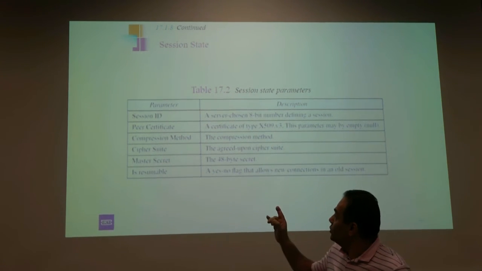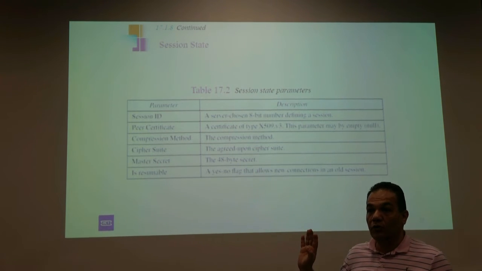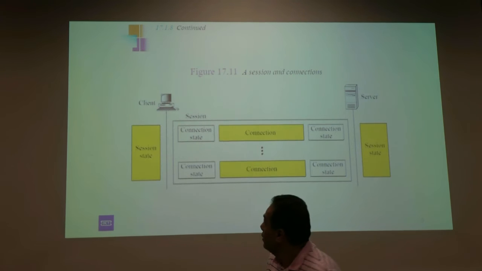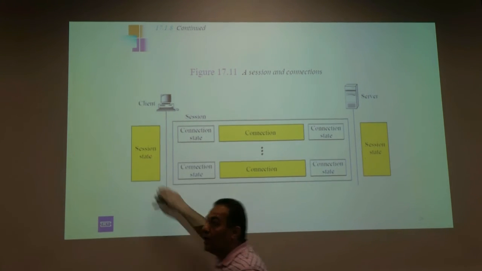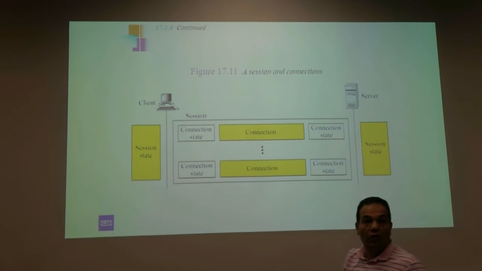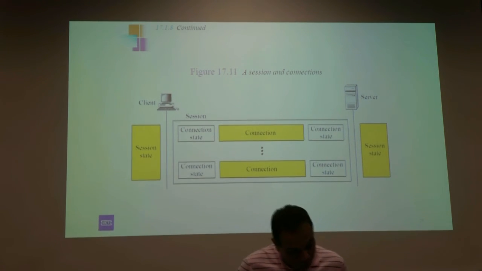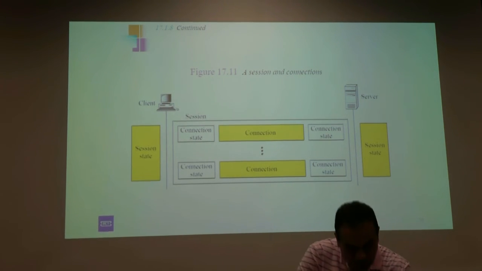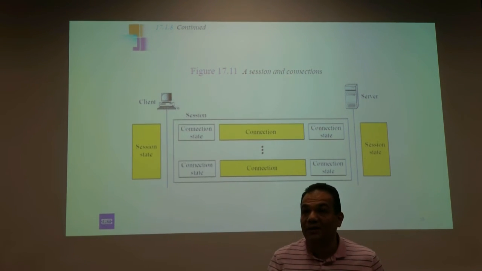Let's count: 1, 2, 3, 4, 6 parameters. So this information will exist where? At the client and the server. Both will share and both will know them, right? So this is what we call the session state.